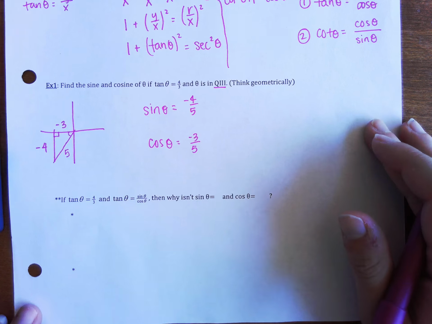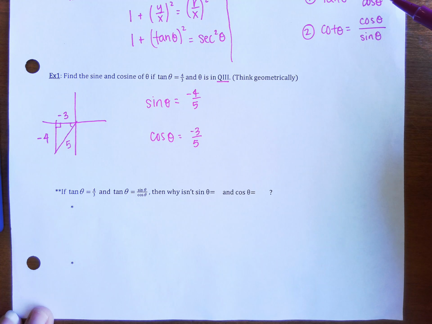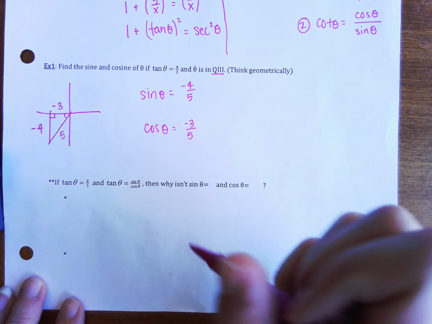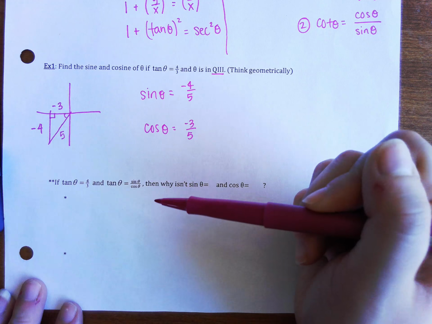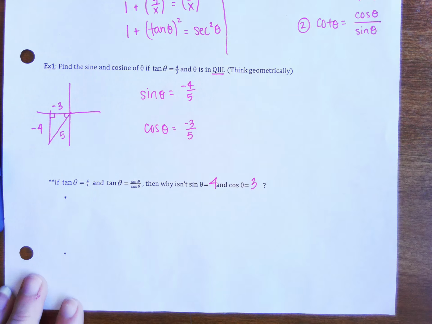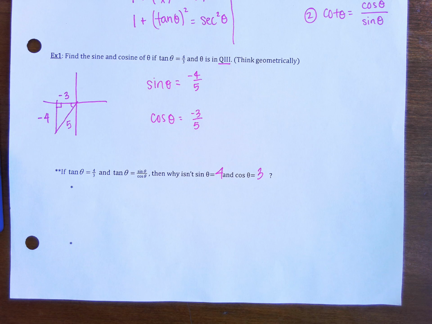So if I wasn't doing that, and if we just decided that tangent was sine over cosine, how come we couldn't just say, all right, well, if tangent theta is 4 over 3, then sine must be 4 and cosine must be 3? Why isn't that also the case? And you might be thinking back to the lesson today, and you might be thinking, okay, well, I actually know that sine theta can't be 4 because that is out of the range.